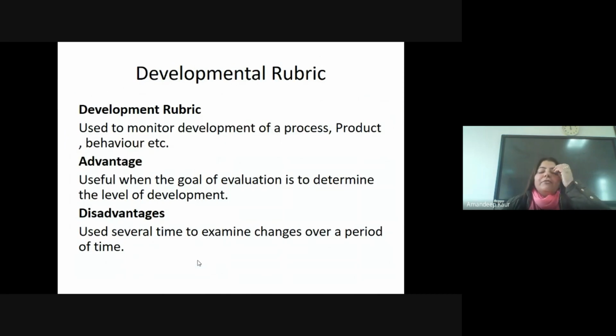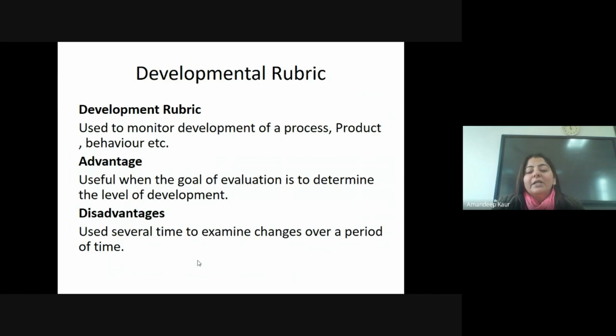The fourth type of rubric sheet that we can use in an institute is the developmental kind of rubric. If the teacher or the management wishes to monitor the development of an individual student or a group of students, or when the faculty wants to monitor the progress of the faculty and other staff members, we need to develop a rubric sheet. The developmental kind of rubric sheet considers the development of a process, product, or behavior.